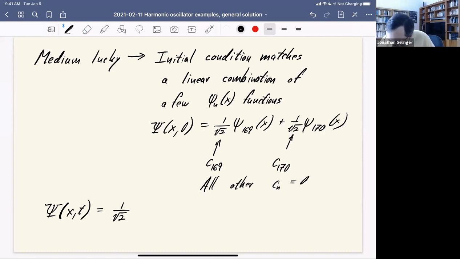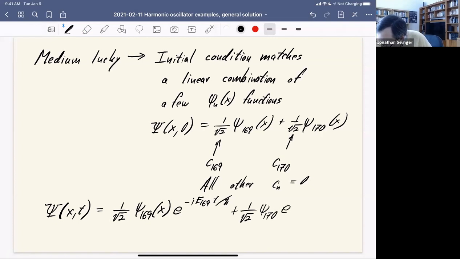So 1 over root 2 psi 169 of x exponential of minus i E169 t over h bar plus 1 over root 2 psi 170 e to the minus i E170 t over h bar. That's not too bad.